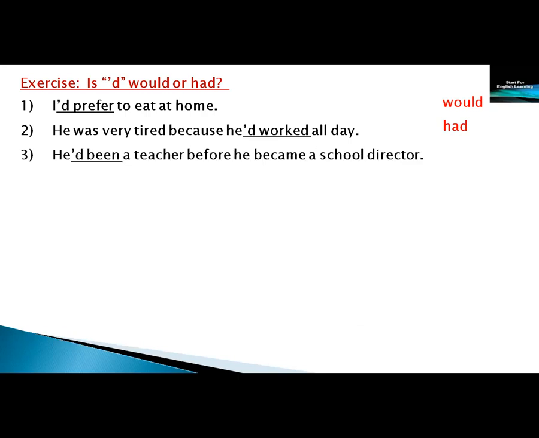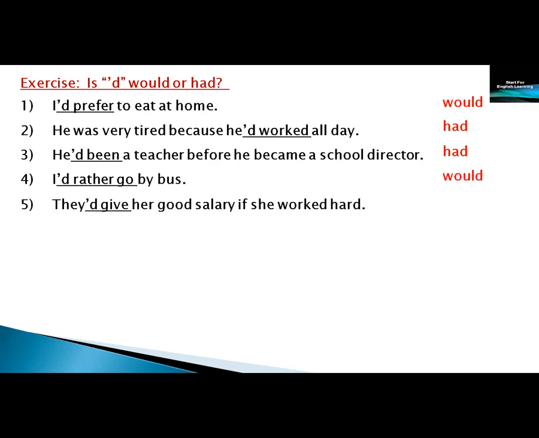He'd been a teacher before he became a school director. Had. 4. I'd rather go by bus. Would. 5. They'd give her a good salary if she worked hard. Would.